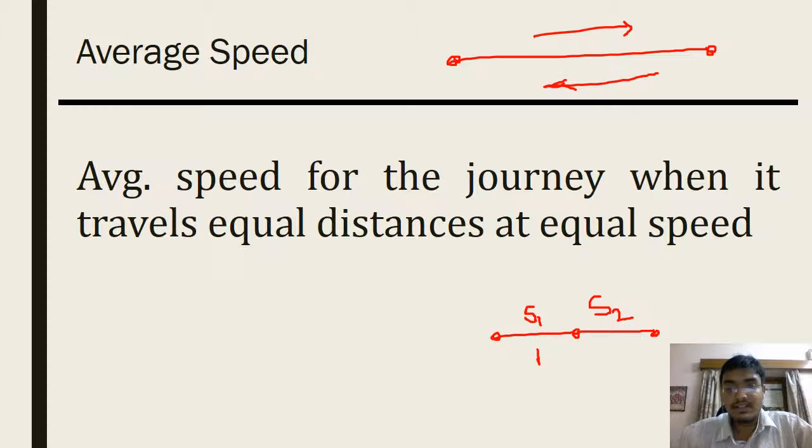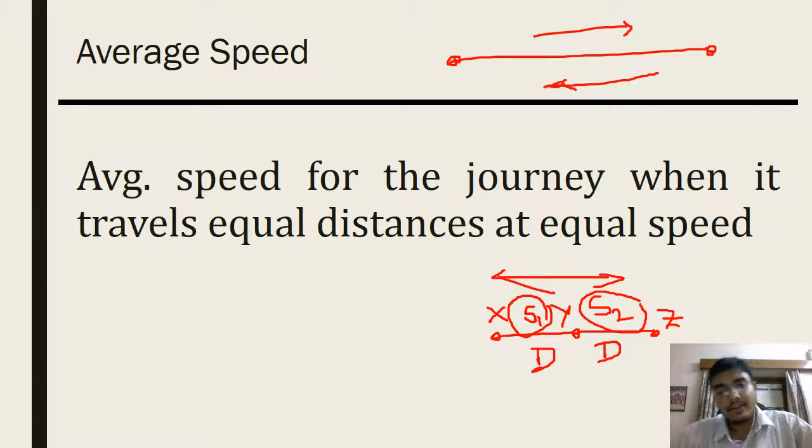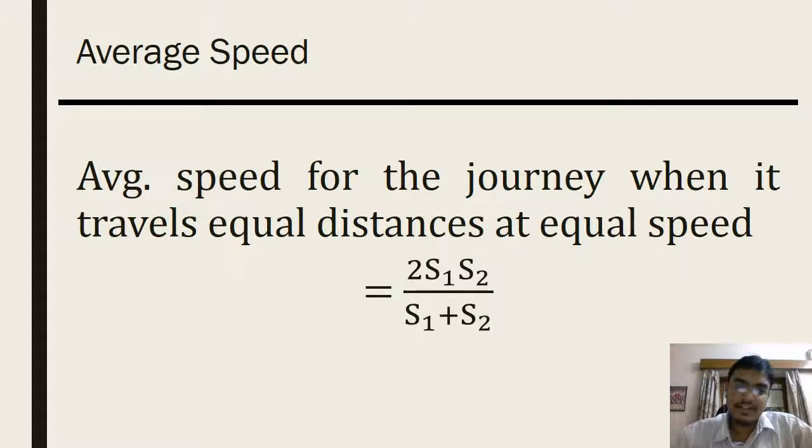So now the distance is the same throughout, from x to y and from y to z. We have our distance as the same and they are traveling at s1 and s2. So we can directly use our formula to find average speed. So average speed can be given as 2 s1 s2 upon s1 plus s2.